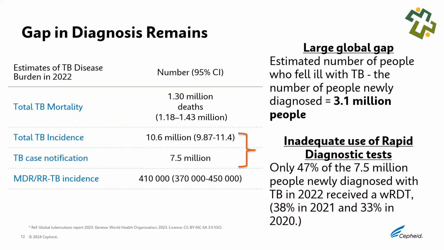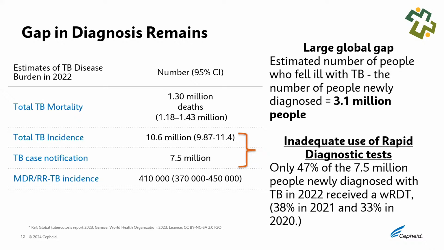After looking into the burden and the state of affairs, and knowing where we are sitting in the country and what we should be cautious of, where is the gap? Why do we still see, for instance, the 13,000 MDR cases we counted in South Africa, and still have those 56,000 deaths from TB? There is a significant gap in diagnosing TB or getting the cases early. In 2022, about 10.6 million people developed TB globally, but only 7.5 million were diagnosed.